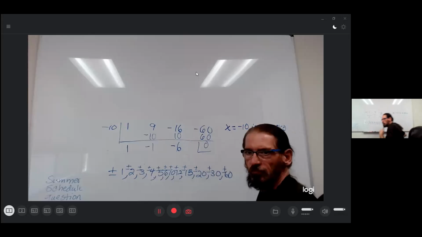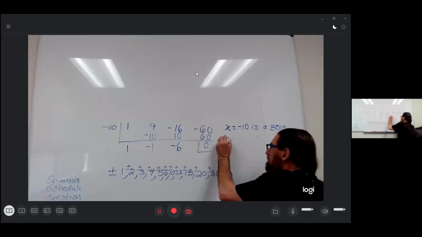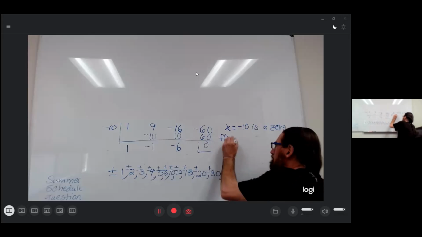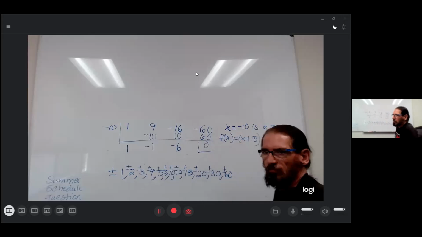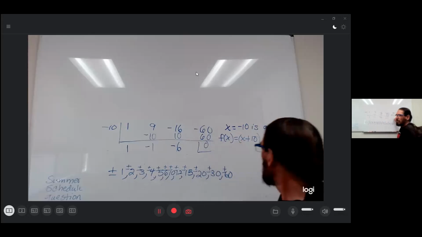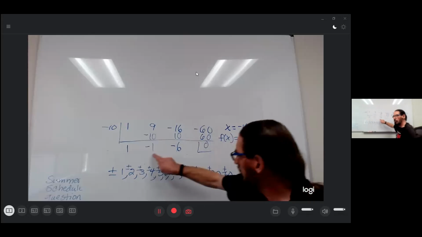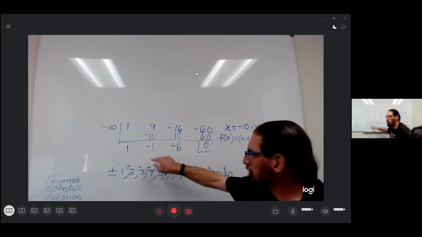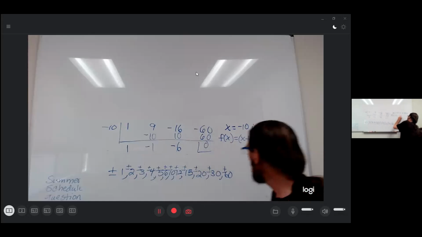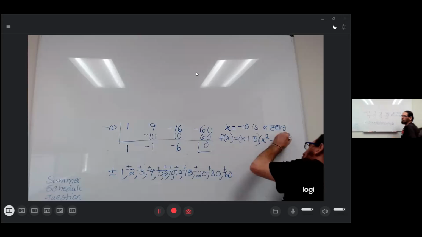And furthermore, that gives me that x plus 10 is a factor. When you divide a cubic, degree 3, by a linear, degree 1, what we're left with here are the coefficients of something that begins with x squared. x squared minus x minus 6.